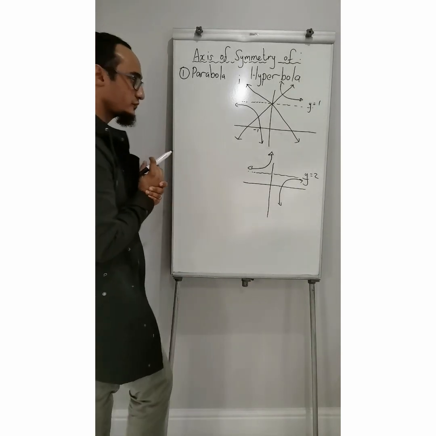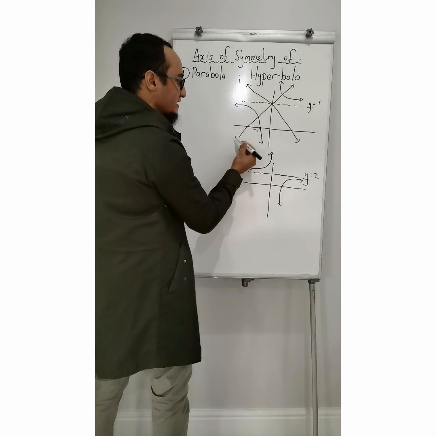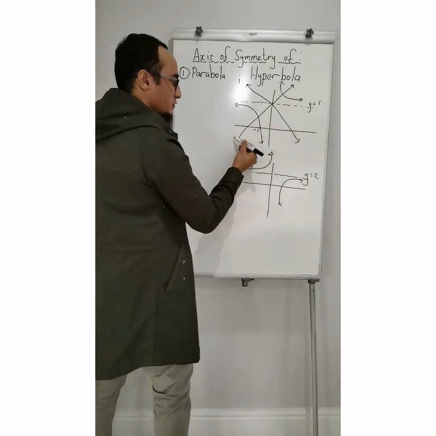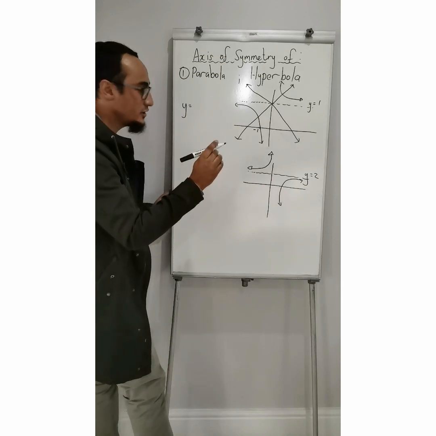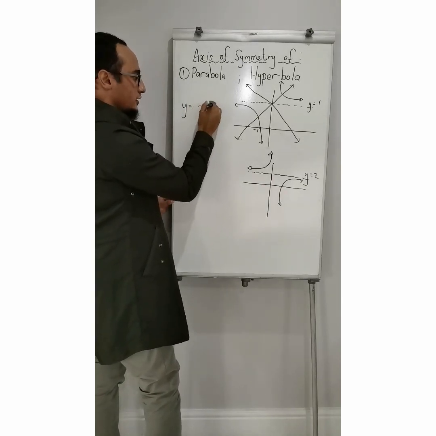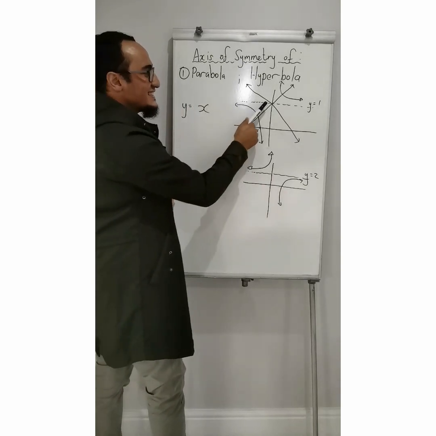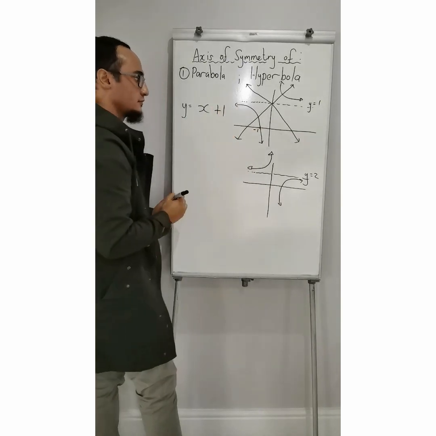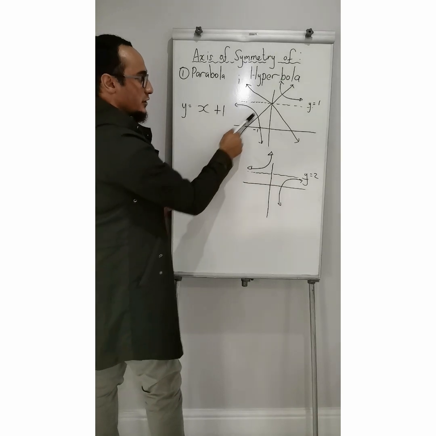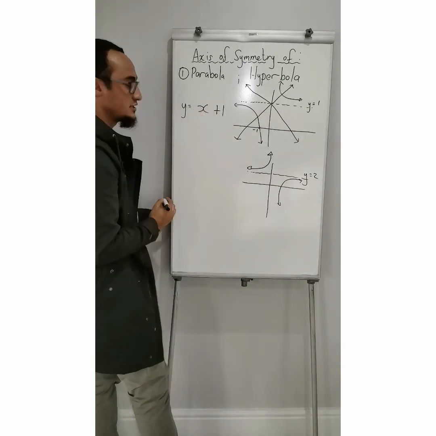Alright, so what's the equation of the straight line going like this over there? It would be y is equal to, the gradient will always be 1, x, and what is that asymptote over there? It is +1. Alright? Notice the gradient is going up. I have a positive 1 over there, that's imaginary.